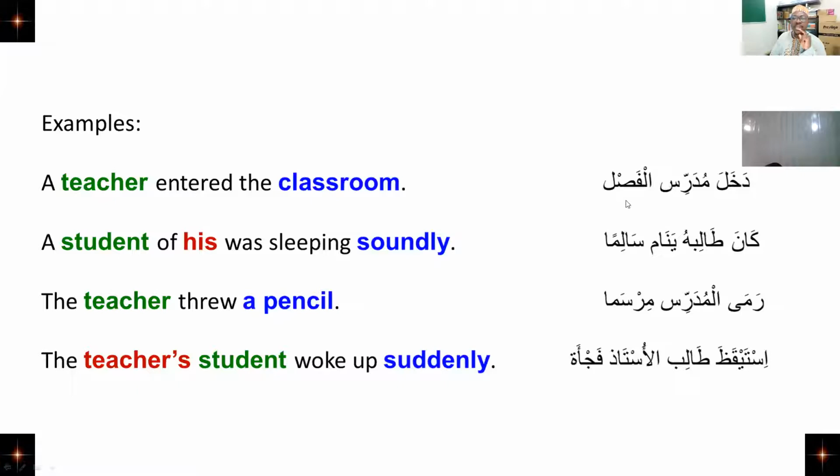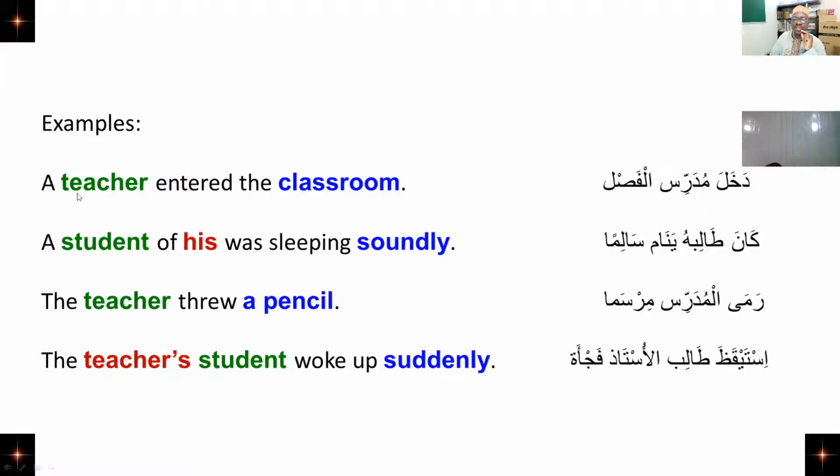Okay, what about this? Al-fasli. Okay, maybe here I didn't translate it well because there has to be another word here. Mudarrisul fasli, the classroom teacher. Oh, the translation here is even wrong. I think it should have been: the classroom teacher entered the classroom.